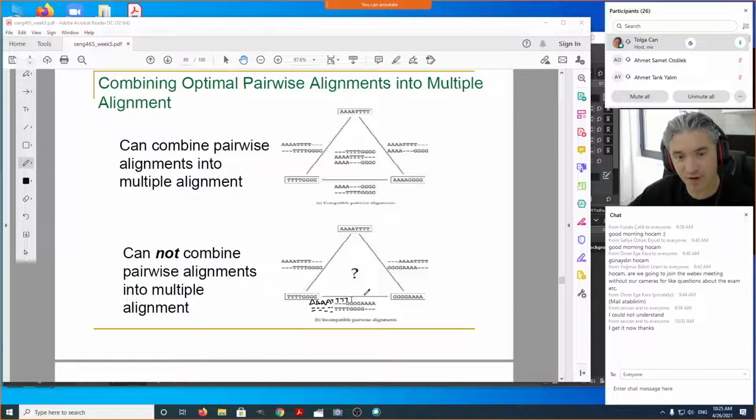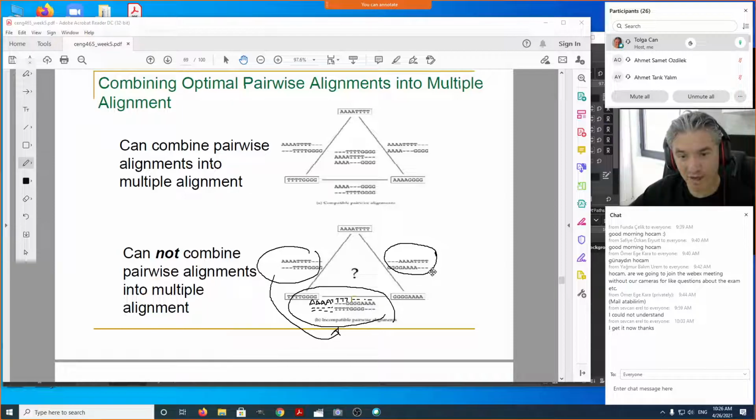So the alignment, if I add these over this one, it's going to look like this. So these are the three alignments that are combined. Now, look at this one. It basically says that these two A's are aligned, but the way this alignment is put, if you add it to here, you see that the A's are separated.